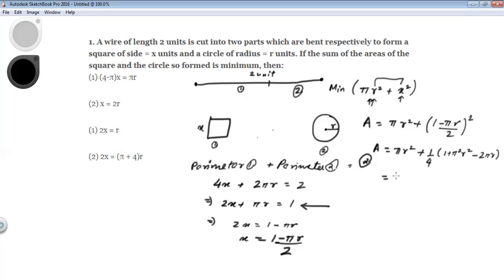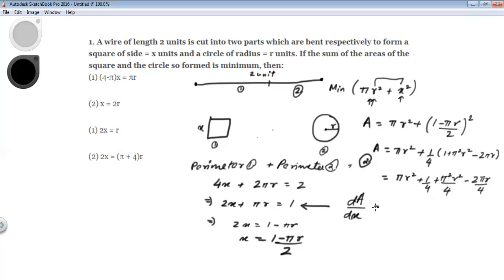If we simplify it further ahead, we get pi r square plus 1 by 4 times (1 plus pi square r square minus 2 pi r). So pi square r square by 4 and 2 pi r by 4. All right. So if we need to minimize it, we need to differentiate.